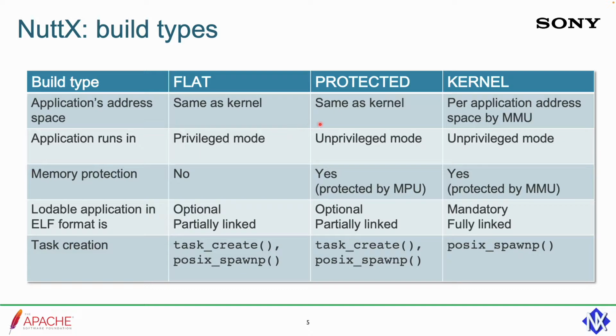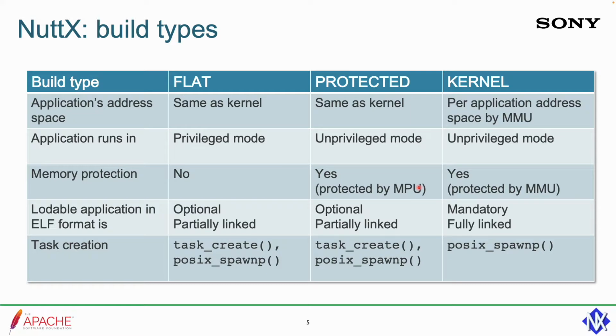However, in the protected build type and the kernel build type, application runs in unprivileged mode. And also, memory protection can be done by MPU or MMU, respectively.